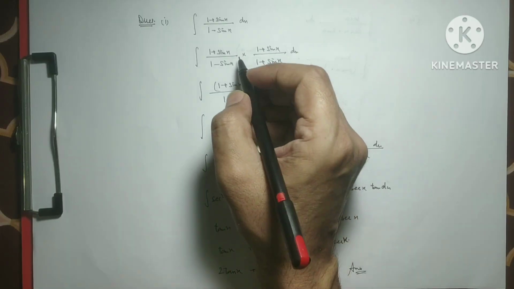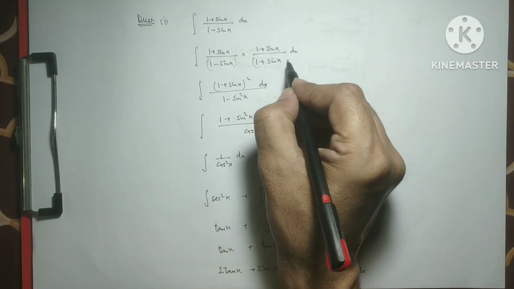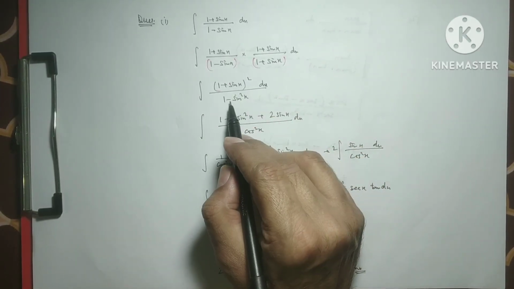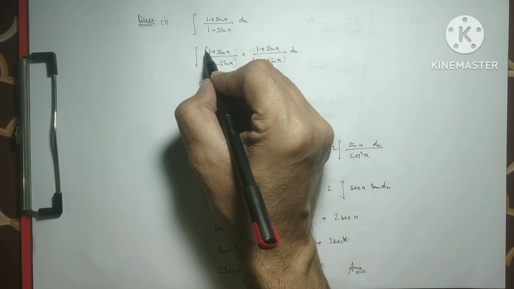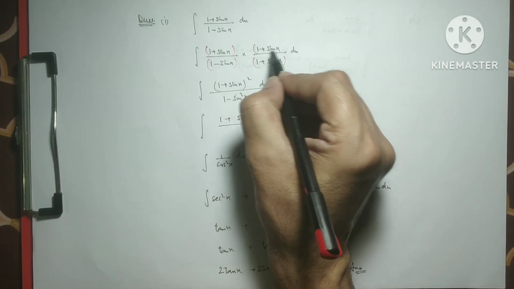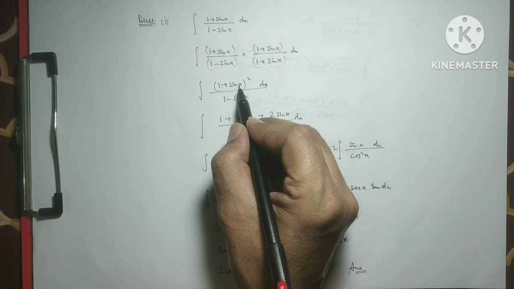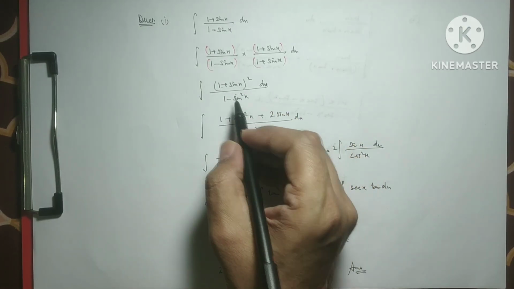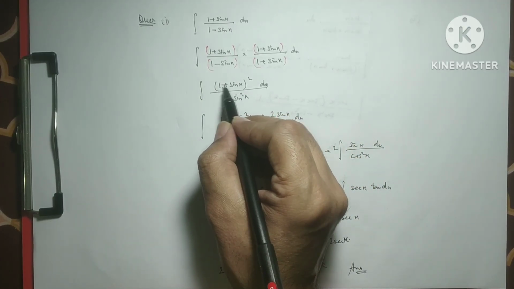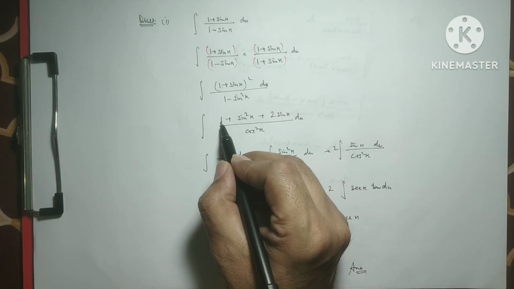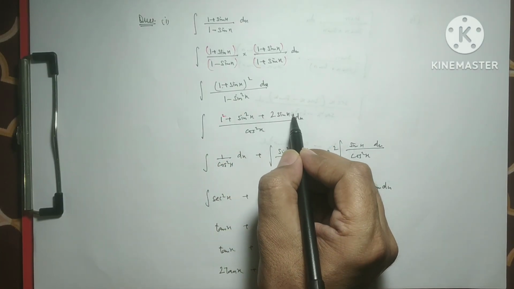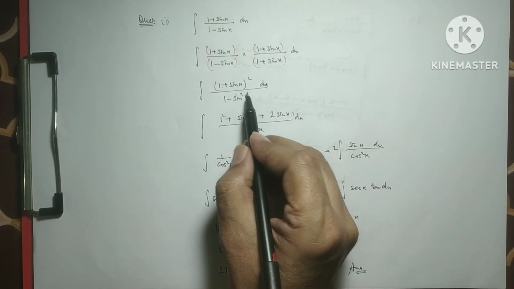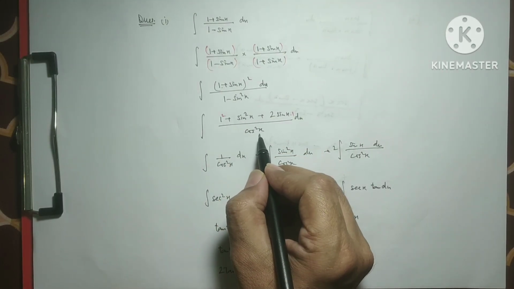So this becomes a minus b and a plus b, so this is a square minus b square, and we get 1 minus sin square x. In the numerator it is the same thing, 1 plus sin and 1 plus sin, so it becomes (1 plus sin x) whole square. So we apply the (a plus b) whole square formula, that is a square plus b square plus 2ab, and 1 minus sin square becomes cos square x.